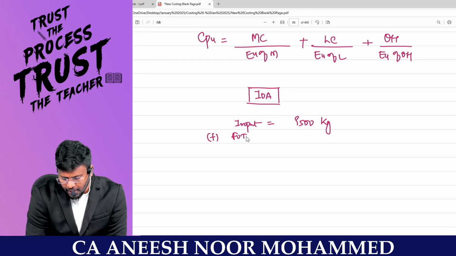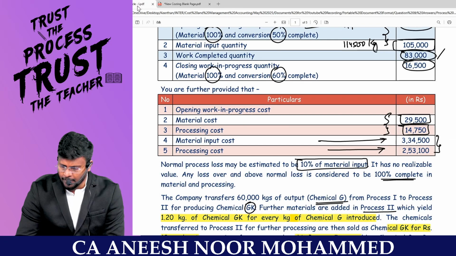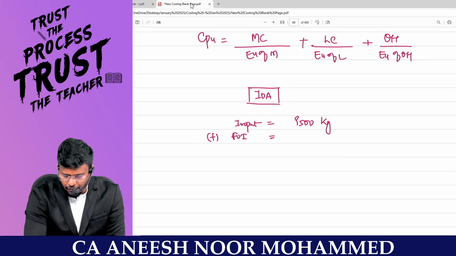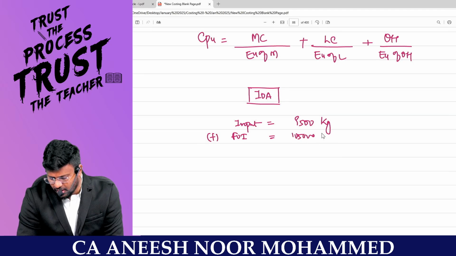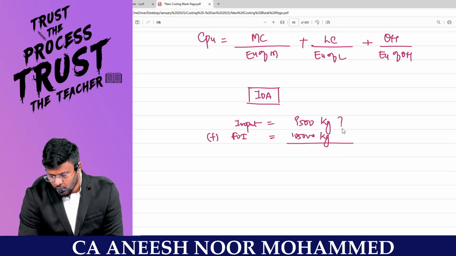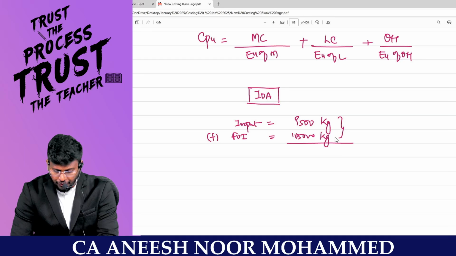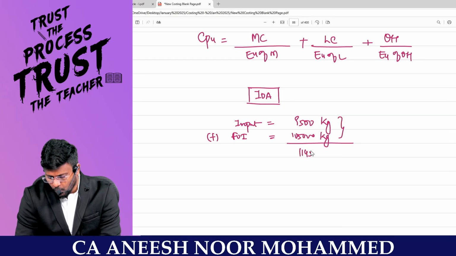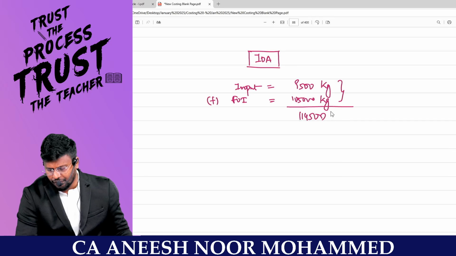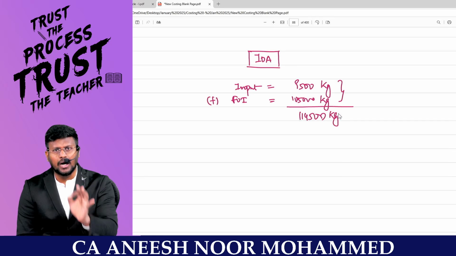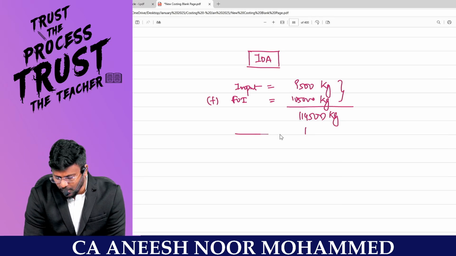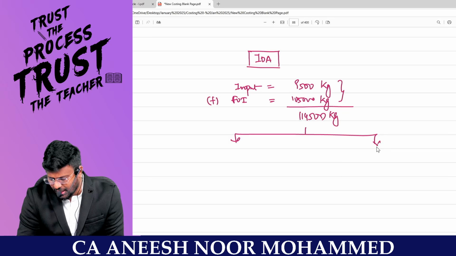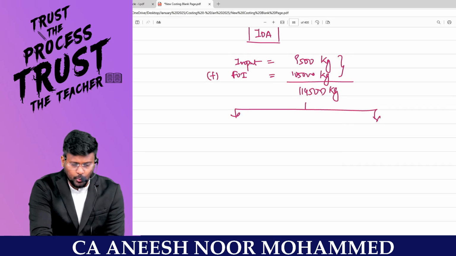Add fresh units introduced, totally 1,05,000 kg. So 9500 plus 1,05,000 comes to 1,14,500 kg is what you processed. So that 1,14,500 kg should be classified into two categories.